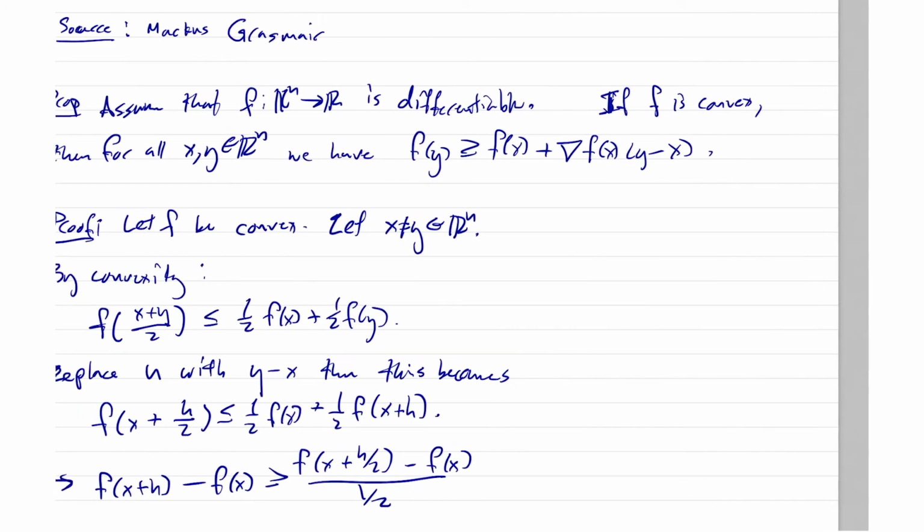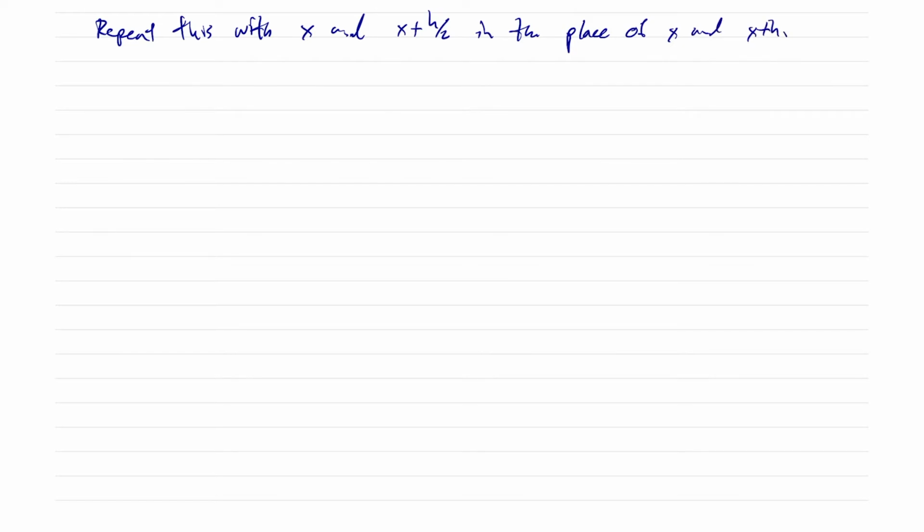So then what you can do is repeat this same line with x and x plus h over 2 in the place of x and x plus h.